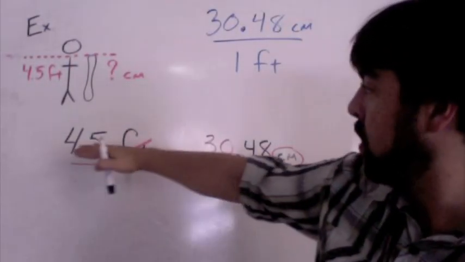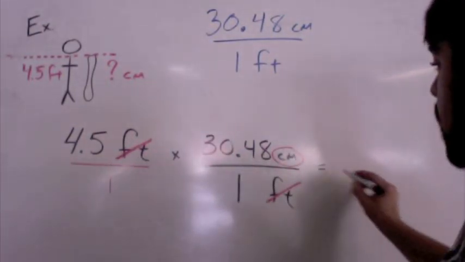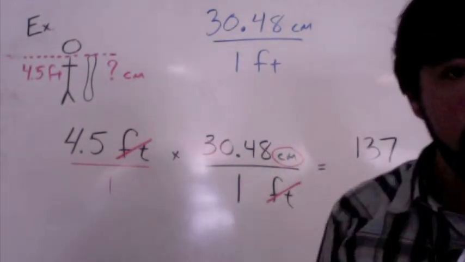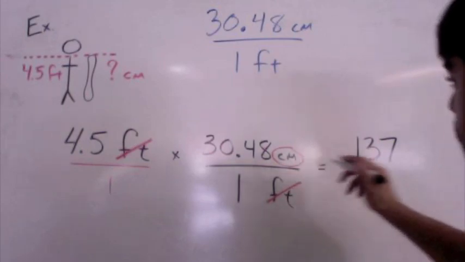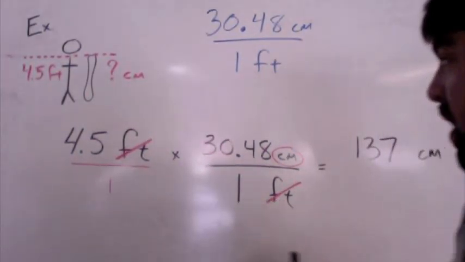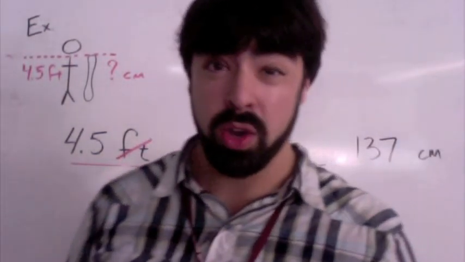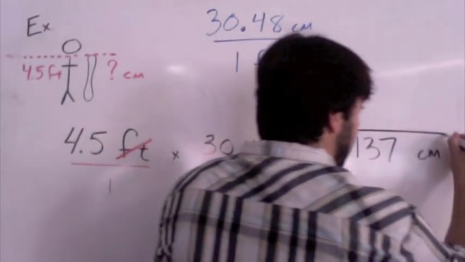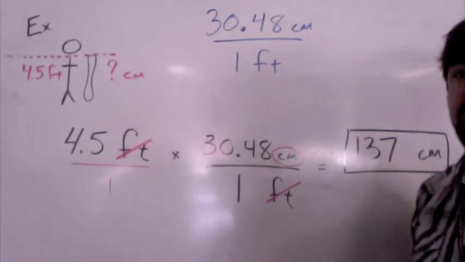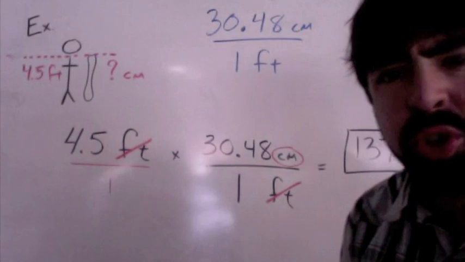So multiply the tops, 4.5 times 30.48. I've already done this. It is 137. The units from the top carry over, centimeters. Multiply the bottoms, 1 times 1, that's just 1. So this would be over 1, but we can ignore that. So there's your answer, 137 centimeters in 4.5 feet. Let's try another example.